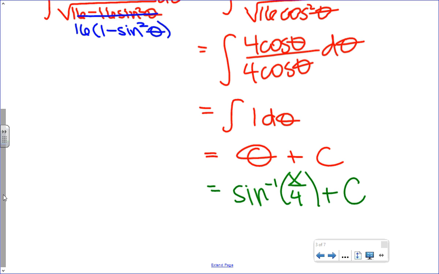Remember way back in the beginning where I said, hey, you should know this antiderivative? On the quiz Wednesday, you could have done this problem without trig substitution. Now trig substitution is a little bit of work.